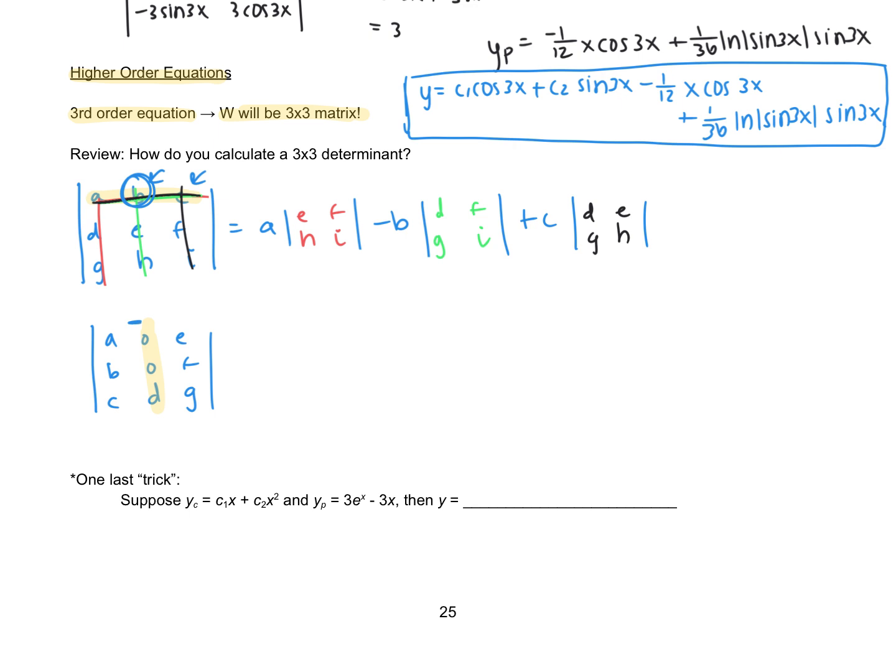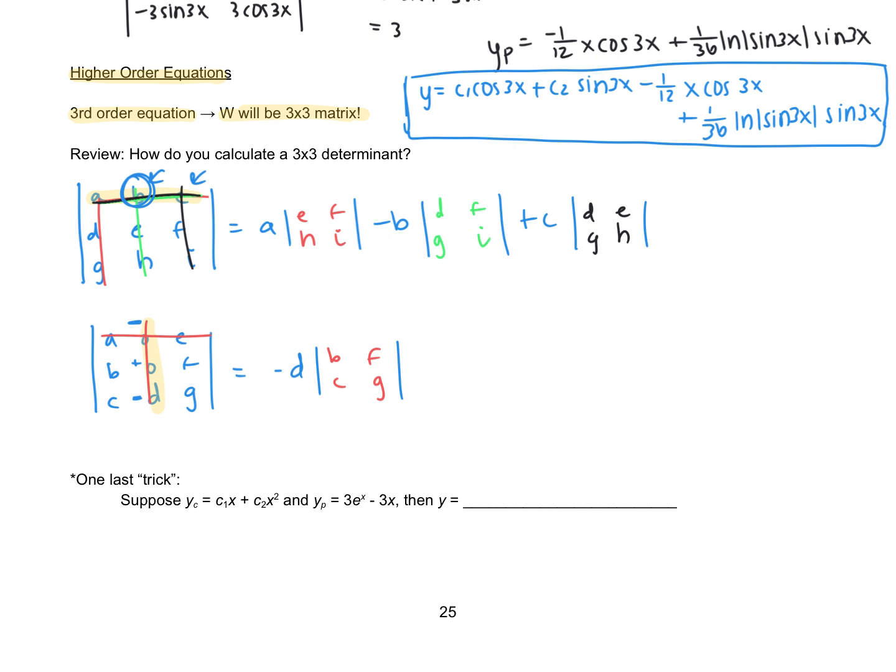So we switch the sign, keep the sign, switch the sign. So what we would end up with is negative D, and then we're going to ignore the row and column that D is in. So we would get B, F, C, G, and that would give us our determinant. And again, that's just convenient because these 2 zeros mean we're not going to have to consider 2 other determinants.